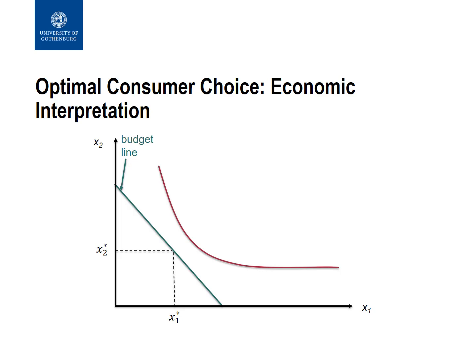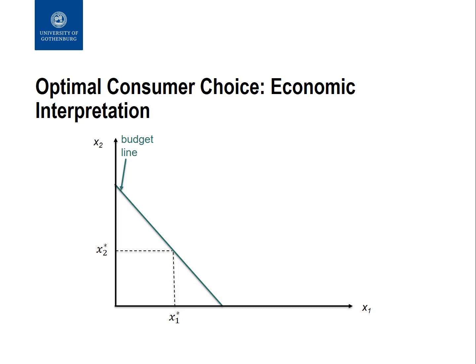It exceeds Jenny's budget. What about this indifference curve? Well, not really, because there are consumption bundles which could yield higher utility than this level, so it does not maximize Jenny's utility. With this curve, Jenny does not exhaust her budget.